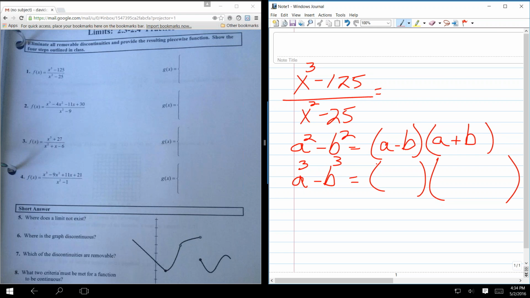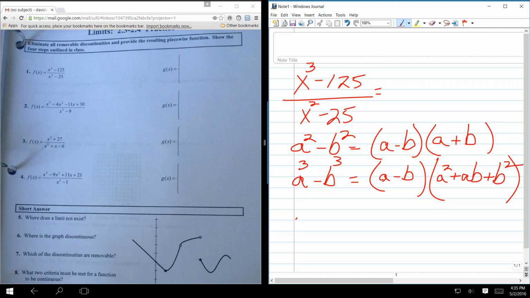Difference of perfect cubes also starts out with a linear term. Linear meaning nothing is being squared. With the same sign as I started with. And then the second term is a squared plus opposite sign, ab plus b squared.